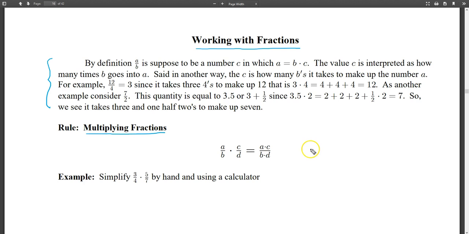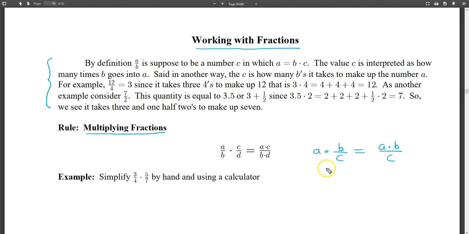Now I don't have it written as a separate rule here, but if the one value like a over b is a single number, just like a, so if you have a times b divided by c, that's the same as a times b over c. You just multiply the number into the numerator of the fraction, like that.